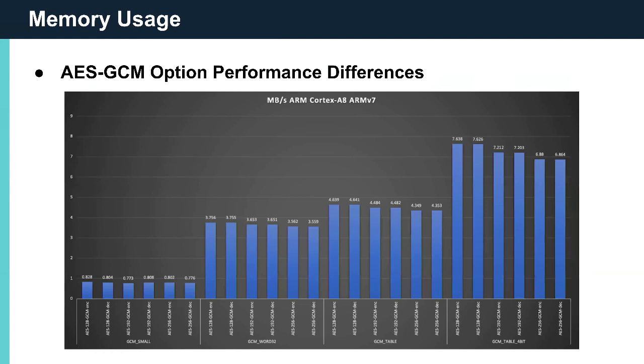This is the same performance comparison on an ARM Cortex-A8, which is ARMv7. You're seeing the same relative performance comparison, giving you a little insight into what it looks like on a more embedded target.